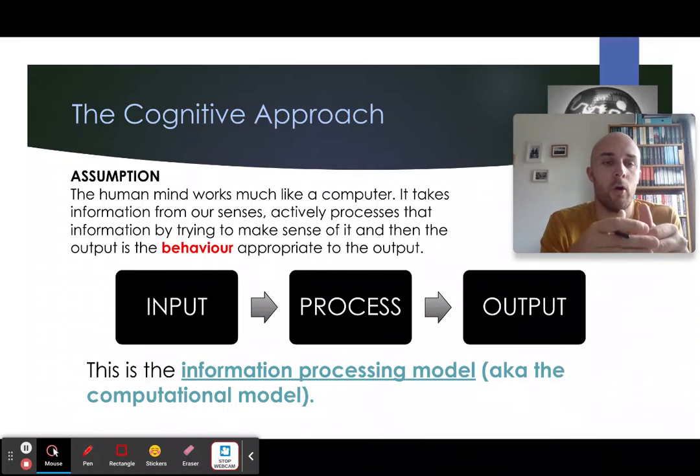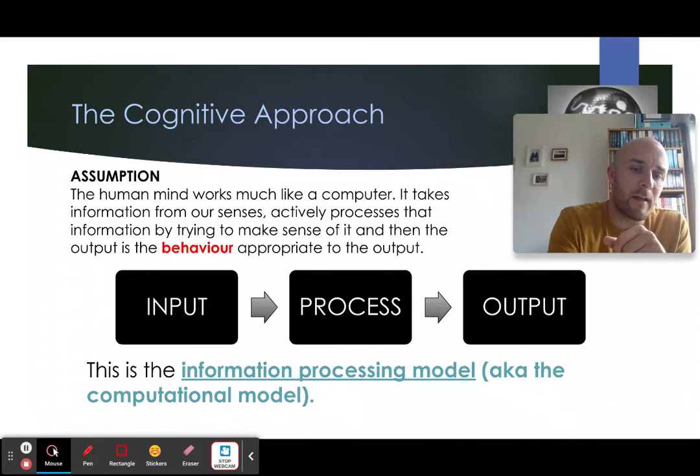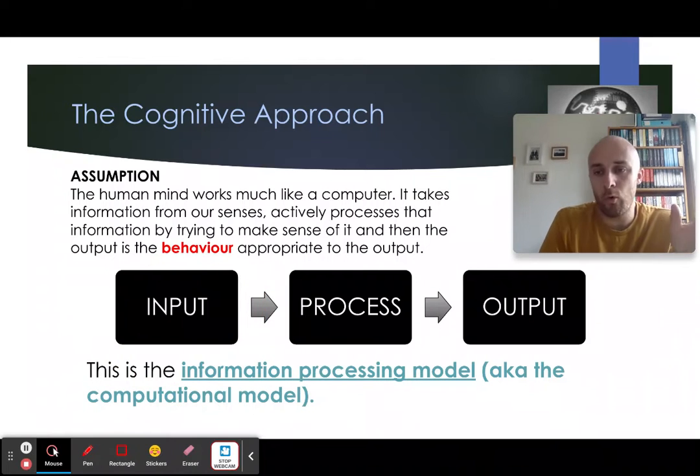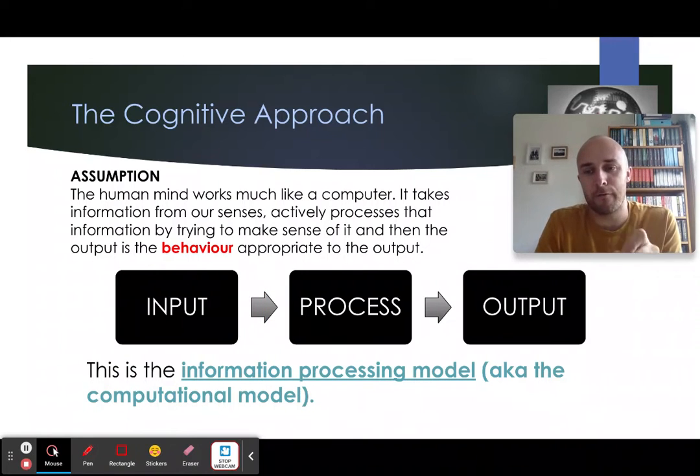For example, all of you right now are watching the exact same video. You're probably doing it in different rooms, with different lighting, maybe in different moods, but you're all watching the same video, and that is the input. So you're all getting standardized environmental stimuli. Now, the way you're processing what I'm saying is going to be very, very different.